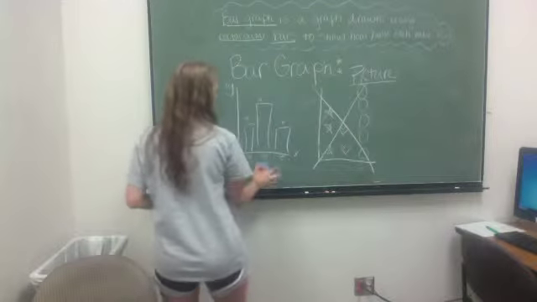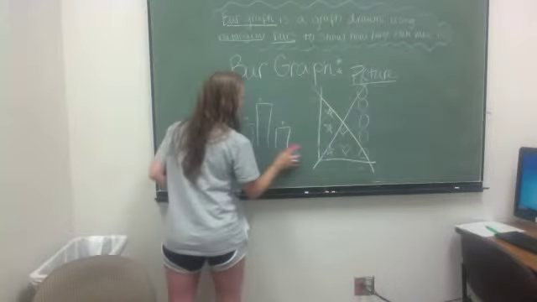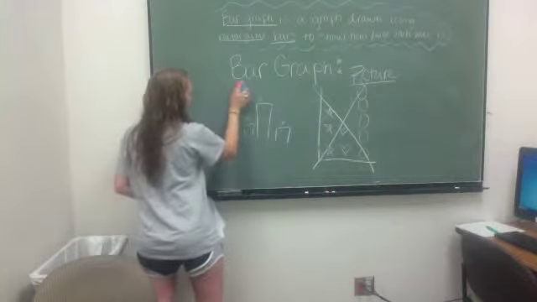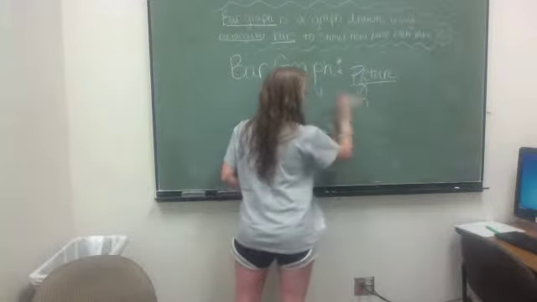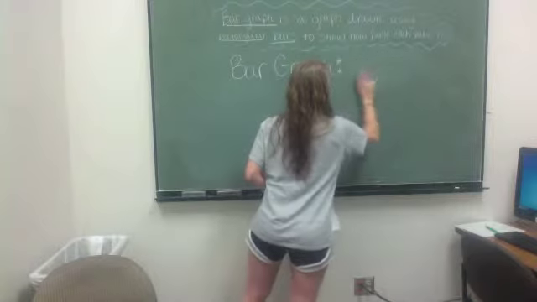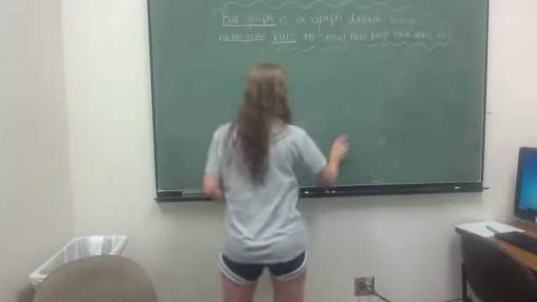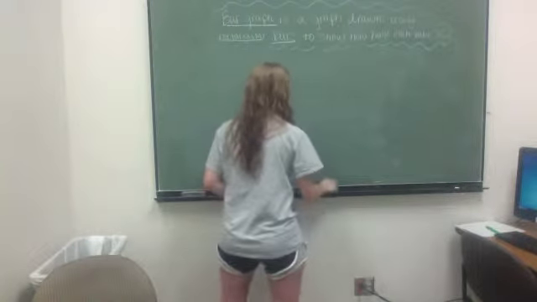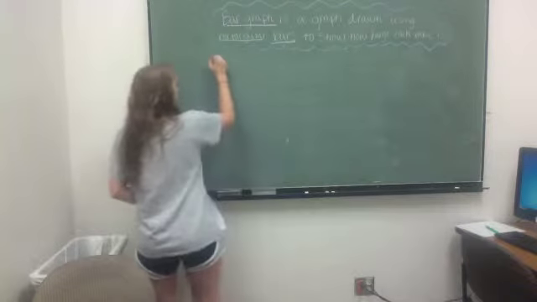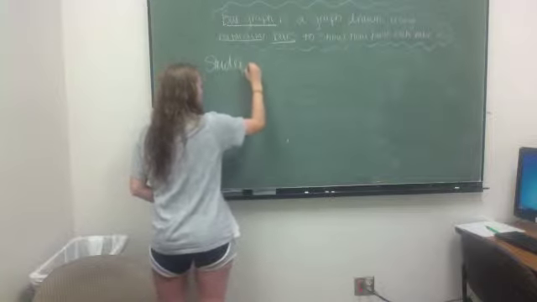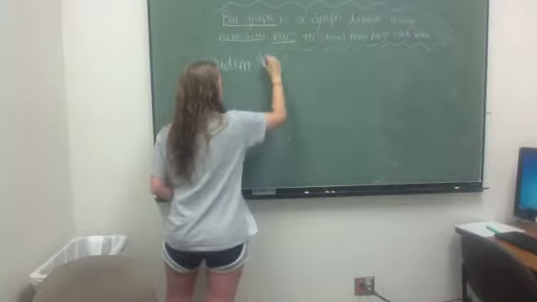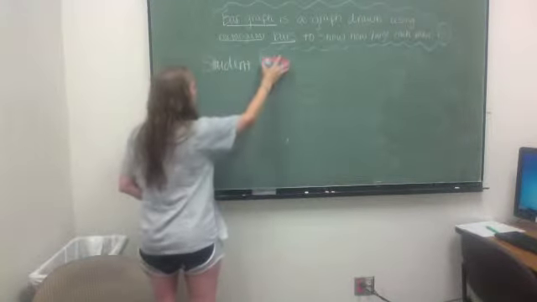Okay, so for our group activity today, we are going to make our own class bar graph. And we're going to do that by taking a student poll. So over here, we're going to have our student poll. Or we can call it our class poll because it's an entire class.